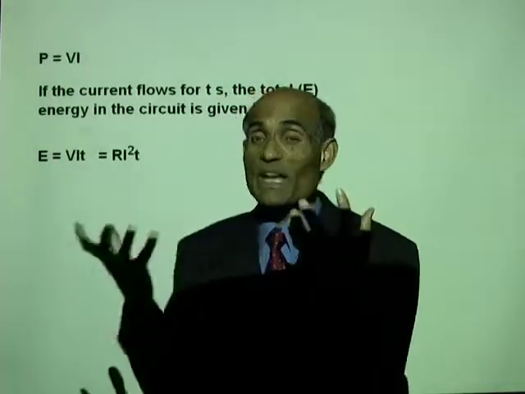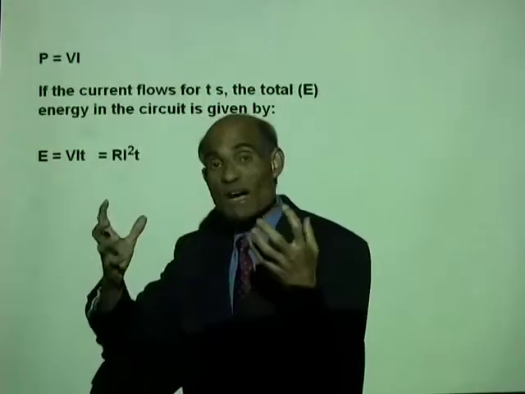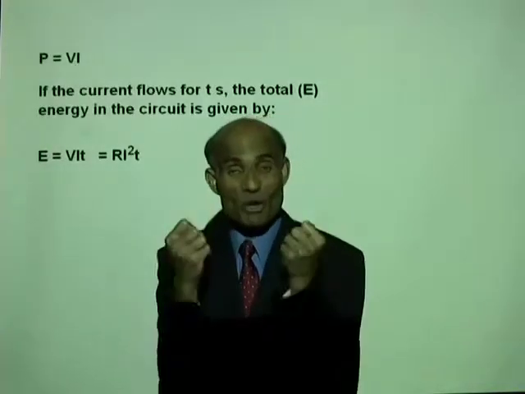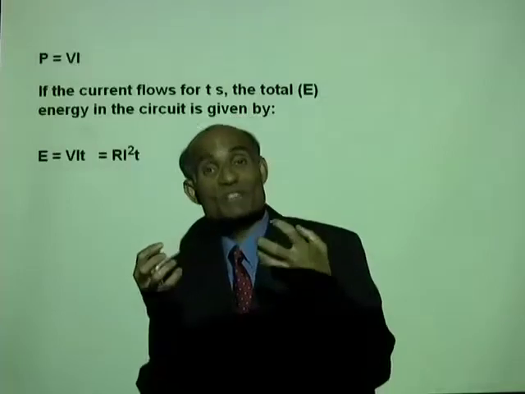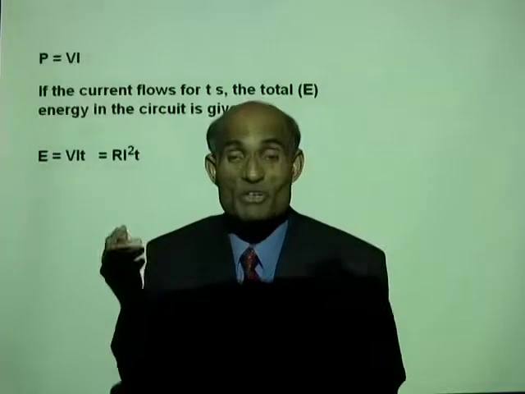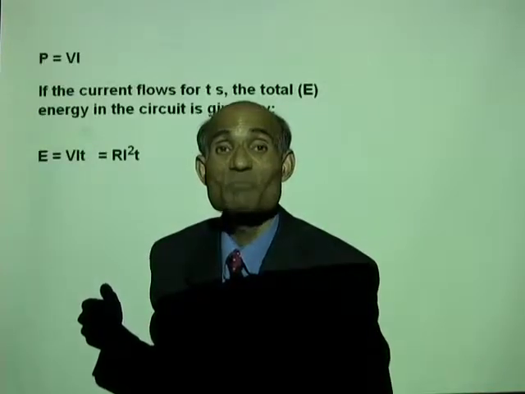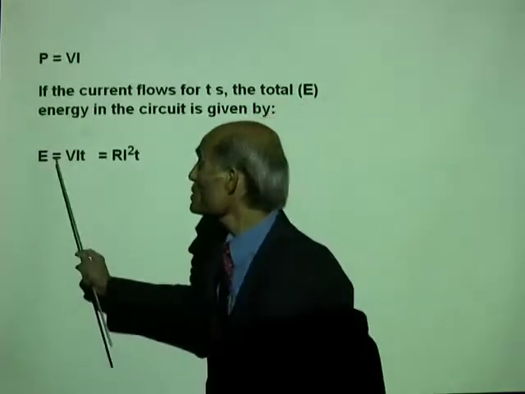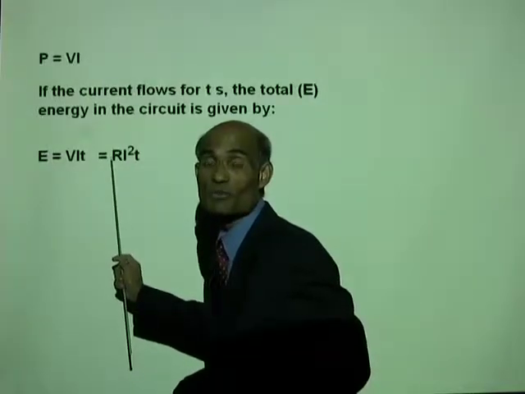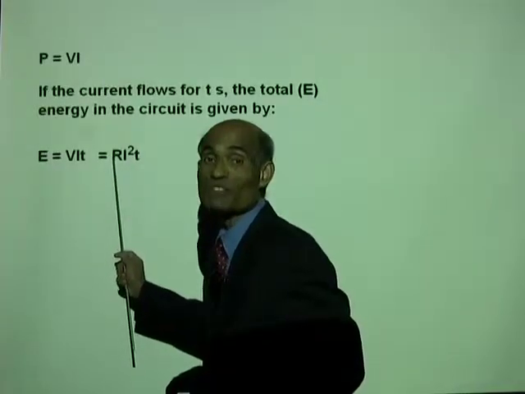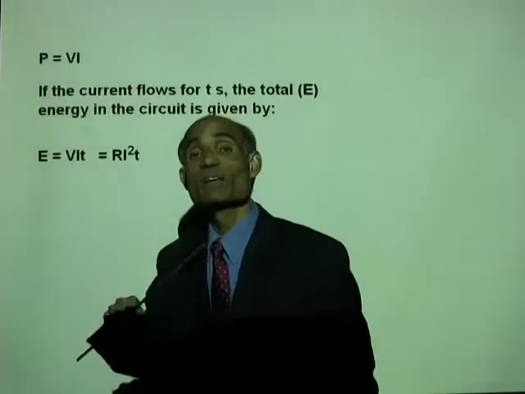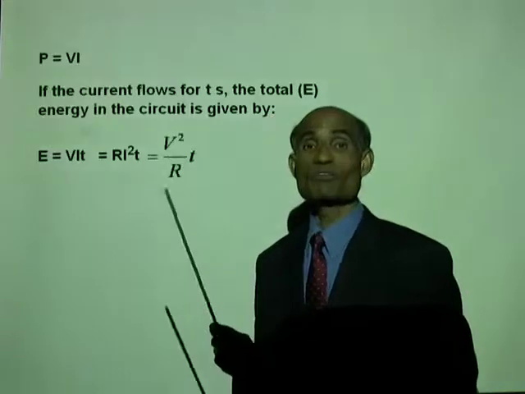You see, energy is needed to drive current through a resistor because there is resistance for the flow of current. If there is no resistance, then there is no need for any energy spent. So energy spent in driving a current I through a resistor R is RI squared T, where T is the time during which the current flows.